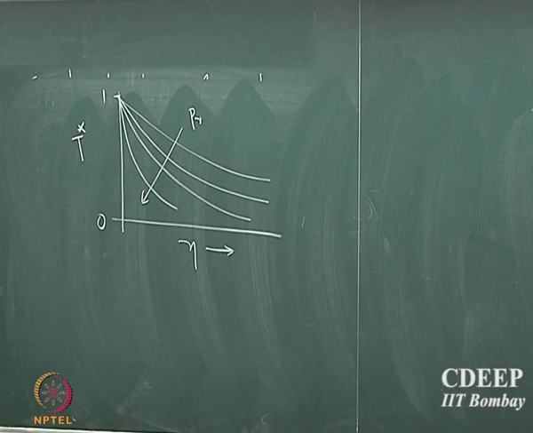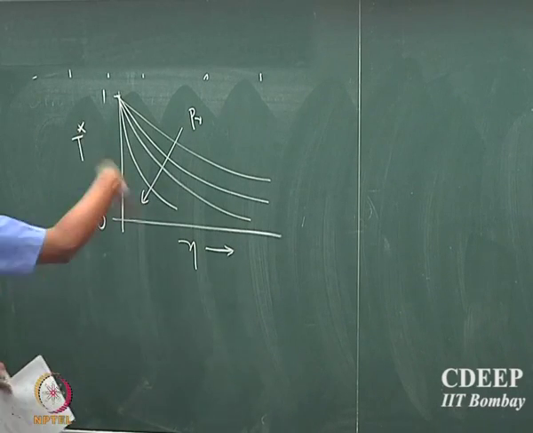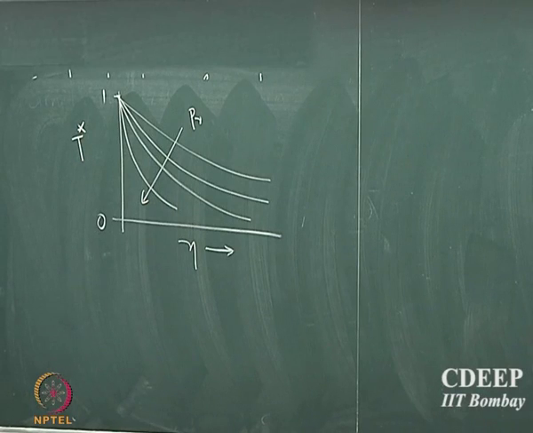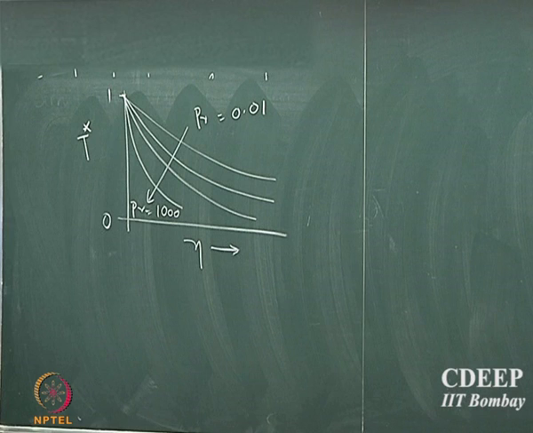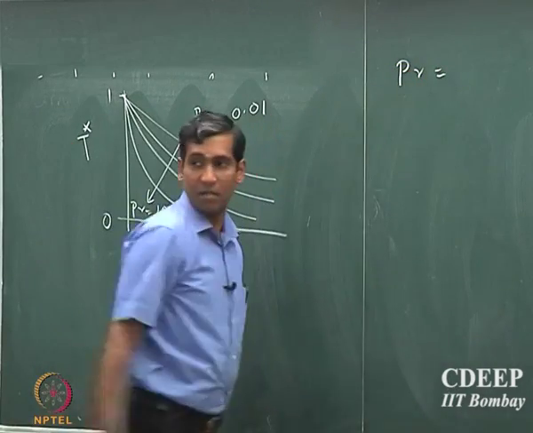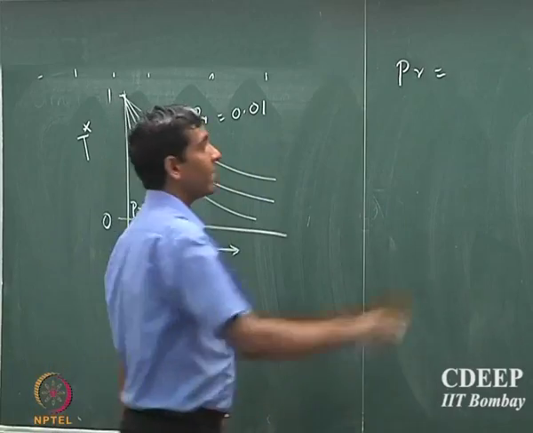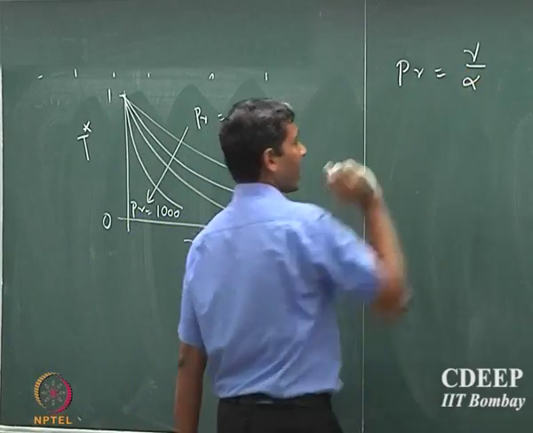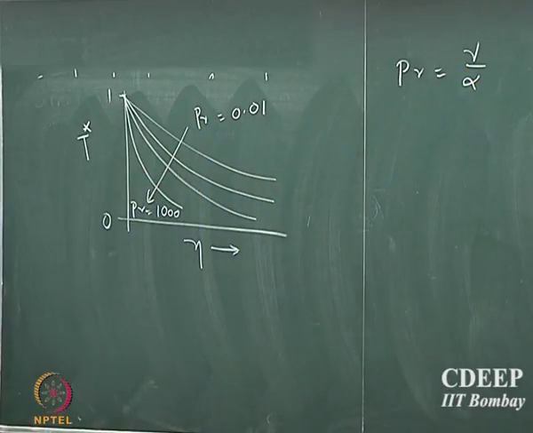When we increase Prandtl number, we will have a faster fall in the temperature profile. Why is that? Let's say this is 0.01, and this is Prandtl number equal to, let's say, 1000. What happens when we increase Prandtl number? What is Prandtl number? It's nu by alpha, right?